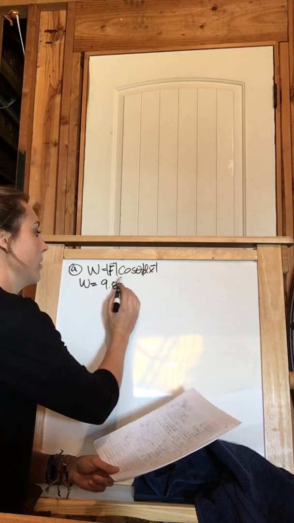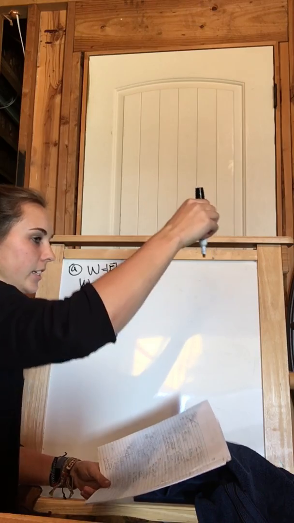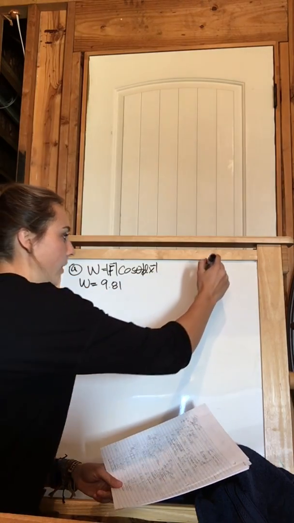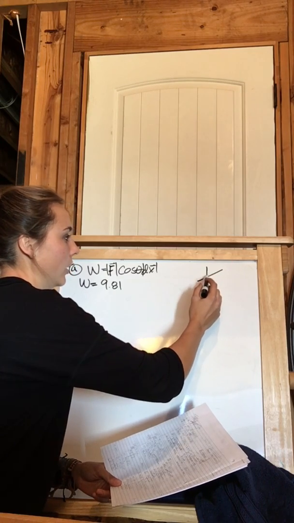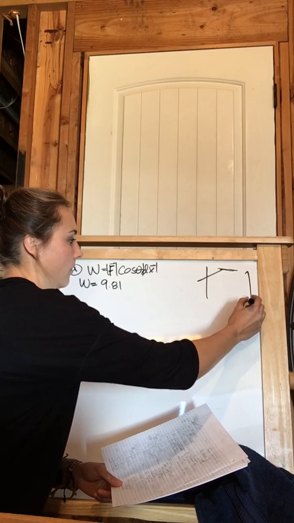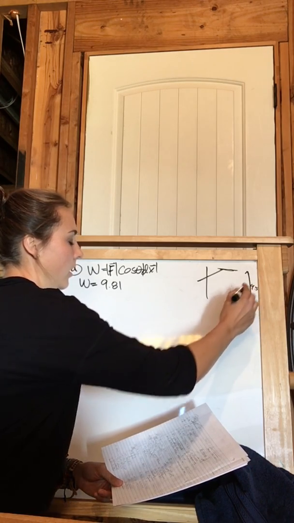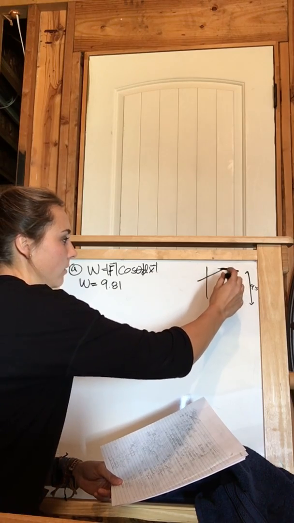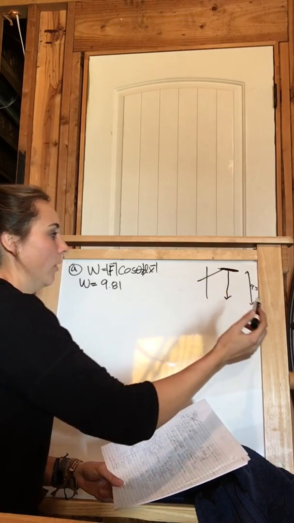force times cosine theta. Now they're in the same direction. Gravity's going to be pulling down, and if you think about it, I'll draw a picture. If it's a tree, and here's its branch, and this height is 95 or whatever. Gravity is going to be pulling down on the branch.